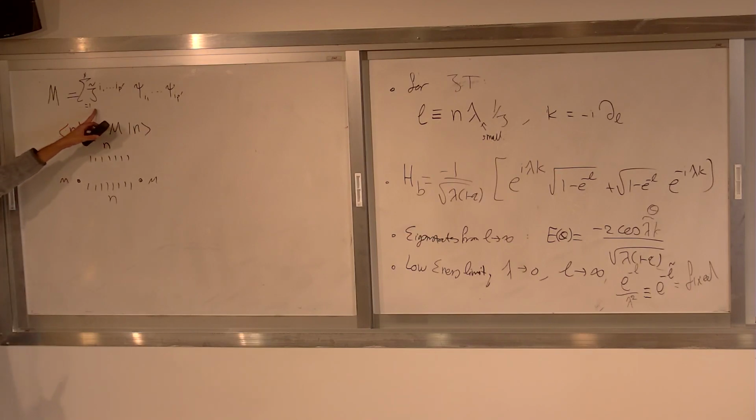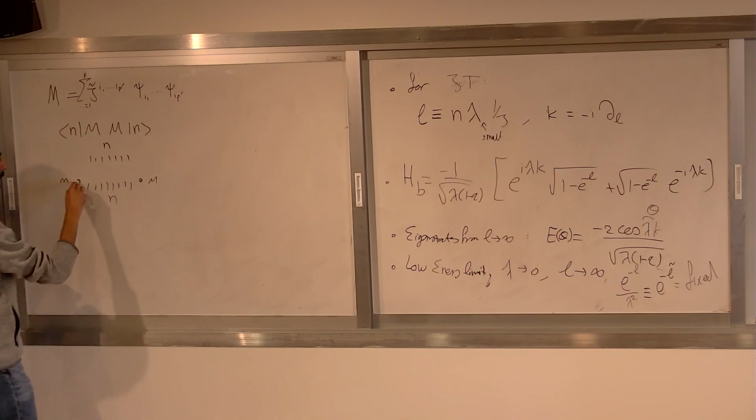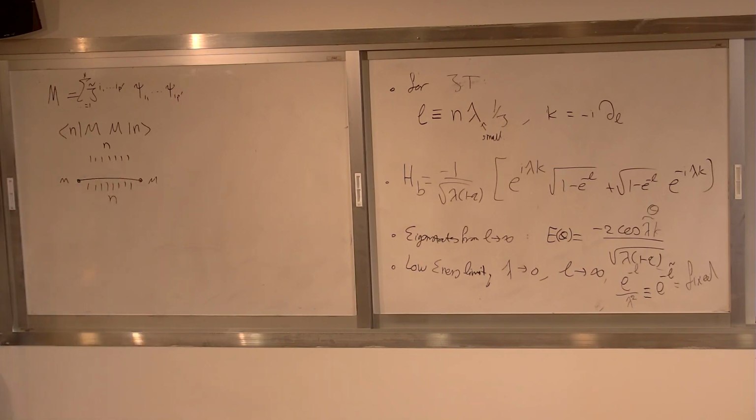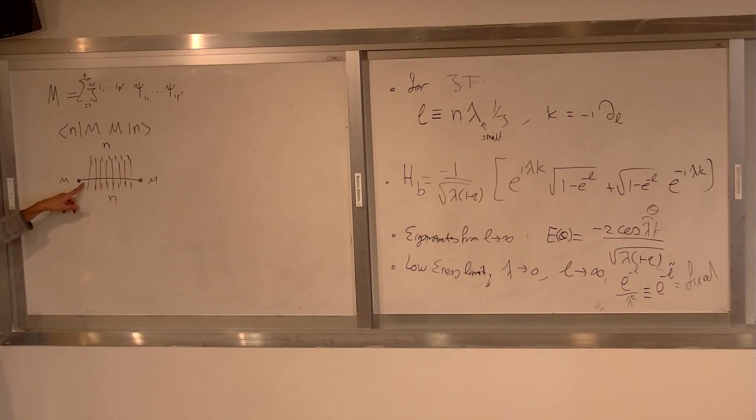Now we average over J tilde. This means I have to contract the two m's together. Then I have this guy. Let me say these are the operator chords and these are the Hamiltonian chords. It's going to intersect n Hamiltonian chords.